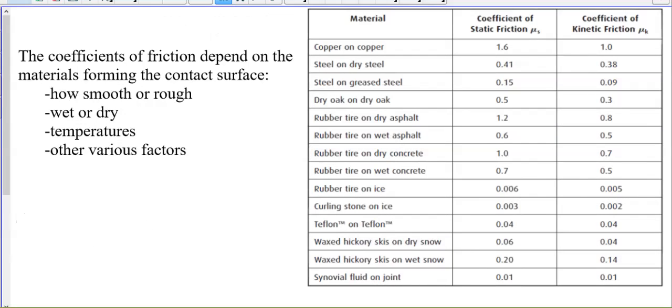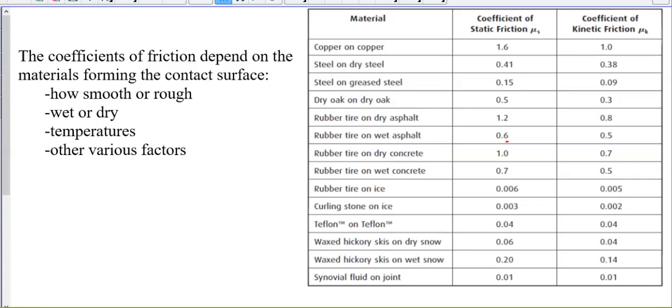The friction values, the coefficients of kinetic and static friction, really depend on the two surfaces that are in contact. There are many charts that give you a rough idea, and if you notice, a lot of these numbers are just one significant figure, because it's hard to pinpoint an exact number, because it's hard to have uniform smoothness or roughness of any two surfaces.